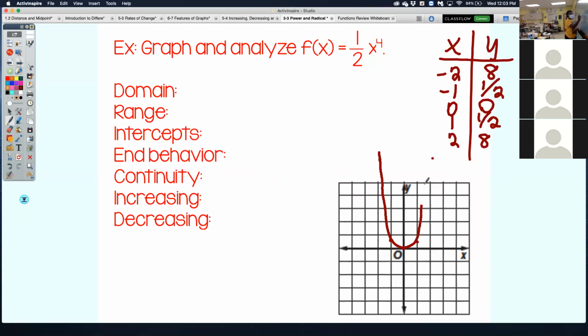And I just connect. I do my best job to try to connect these points. Oh, Lord have mercy. There we go.